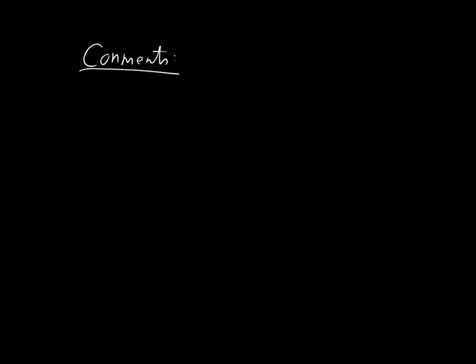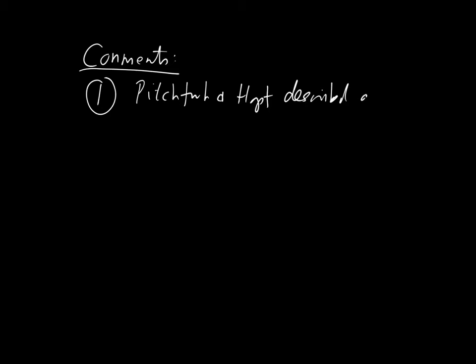The first comment is that the bifurcations that we've described, the pitchfork and Hopf, go in a certain direction. The ones described above are what are called supercritical. That is to say, above the critical value, or the bifurcation point, is when the bifurcated solutions appear.